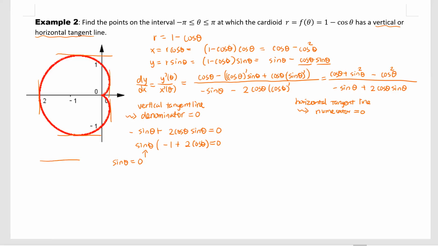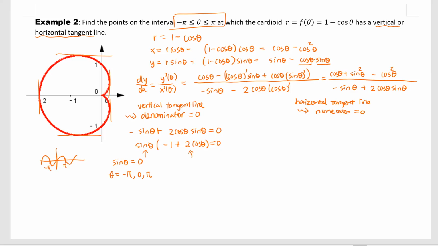Well, what does sine look like? This is sine, right? And remember now, we restrict our theta to be between minus pi and pi. So from minus pi to pi, what angles give us sine theta equal to 0? Well, theta is negative pi, 0, and pi.